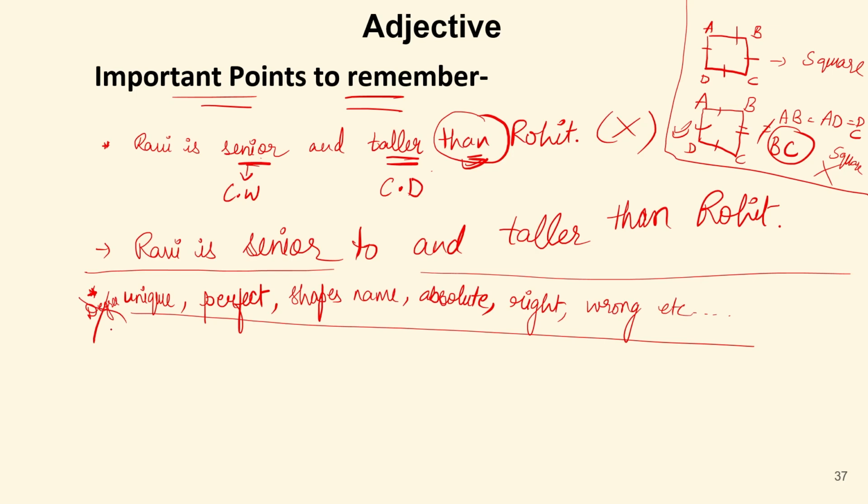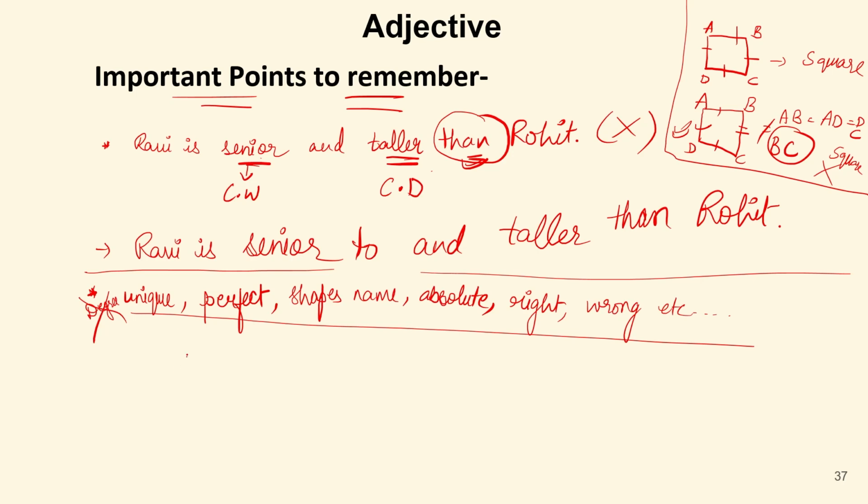Like complete, eternal, there can be more words as well. These are either the words or not, but these are not used in case of degrees.